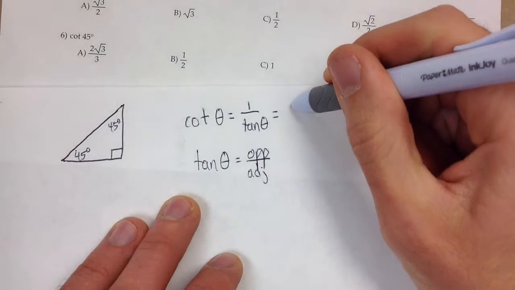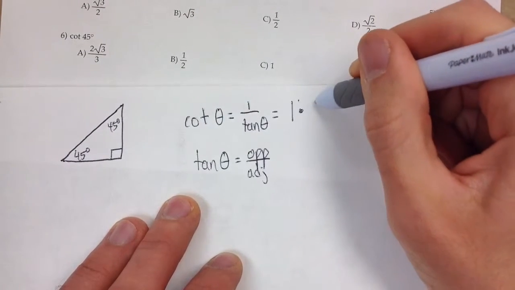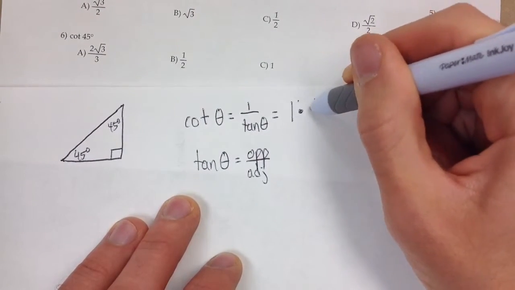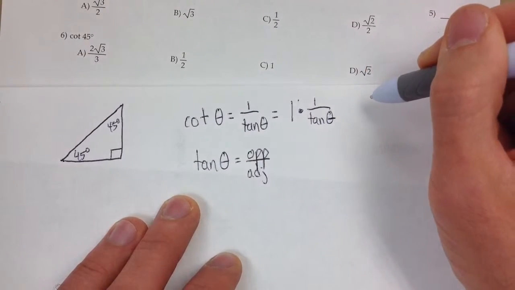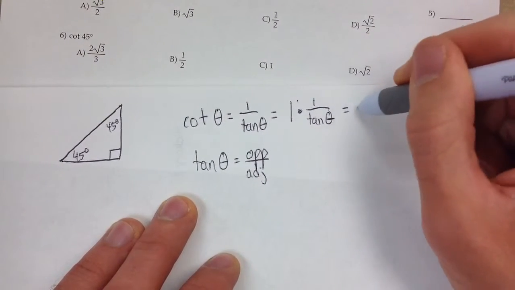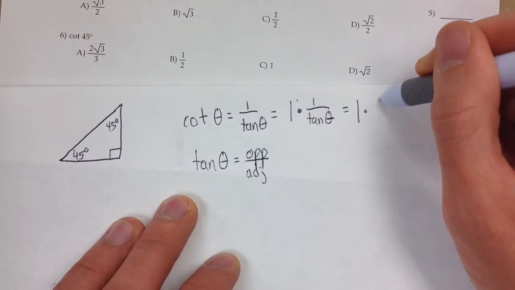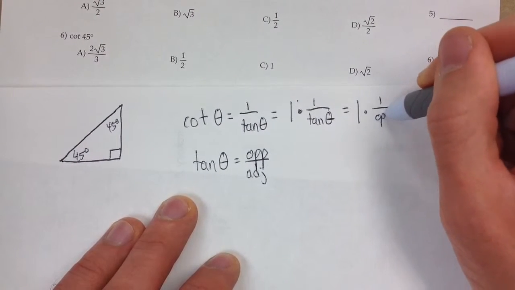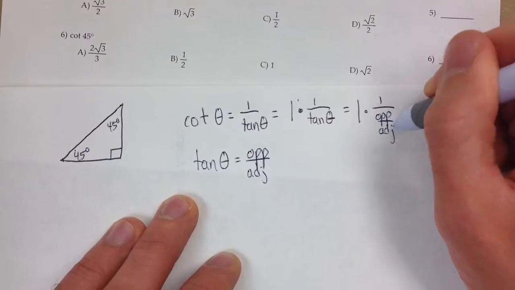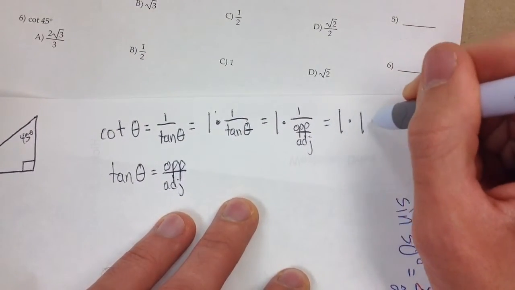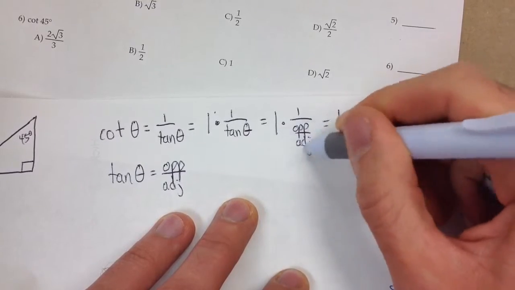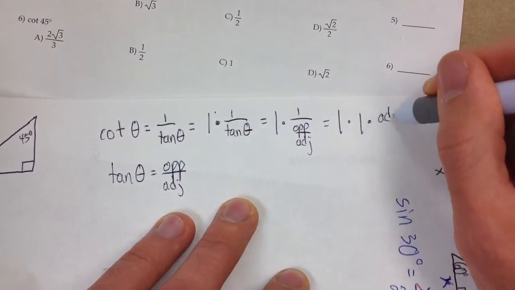So this is the same thing as 1 over tangent of theta. So it's 1 times 1 over opposite over adjacent, which is 1 times the reciprocal of the denominator.